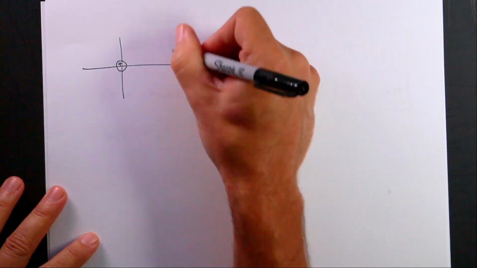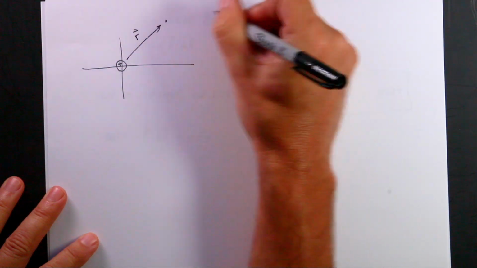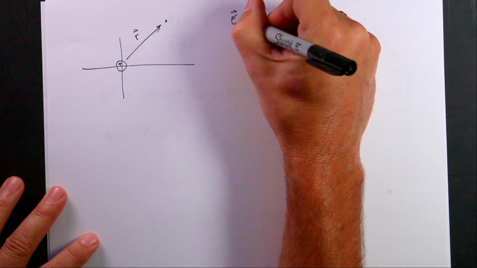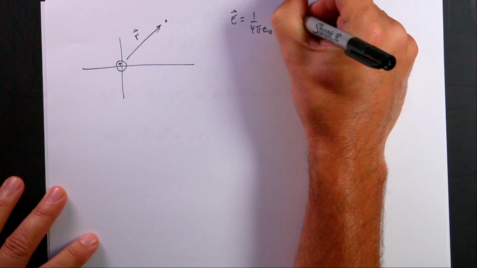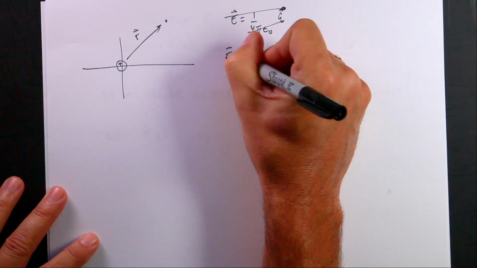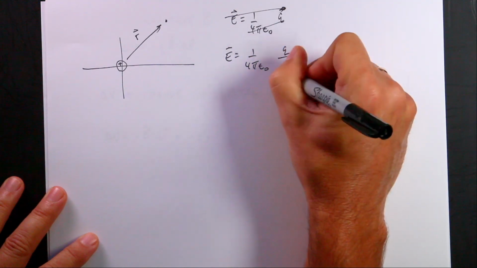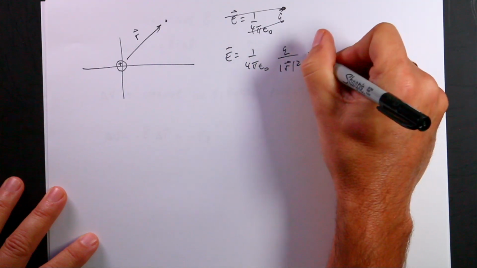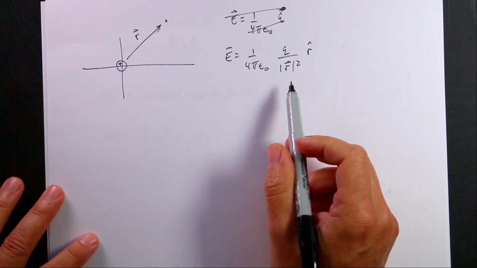At any location R, E equals 1 over 4 pi epsilon naught, Q over the magnitude of R squared times R hat, where R hat is a unit vector in the direction of E.